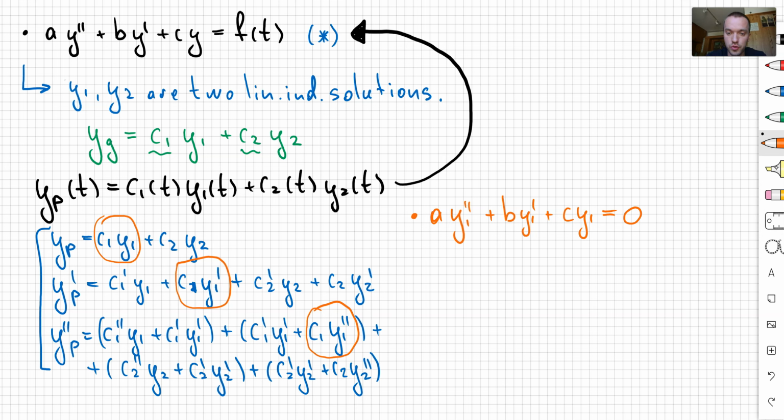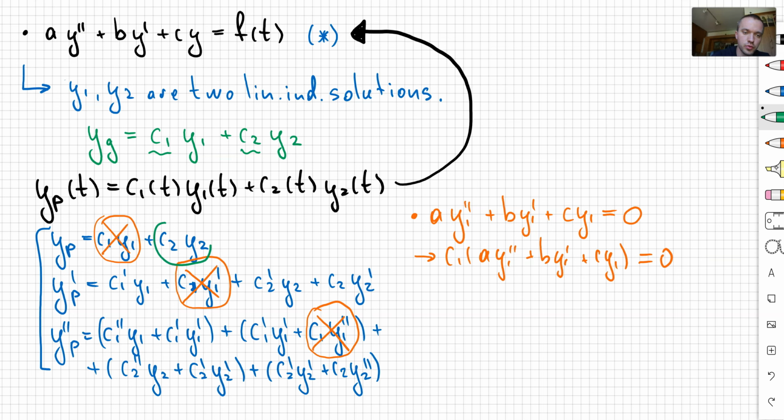So you obtain c1 times a y1 double prime plus b y1 prime plus c y1, which is exactly equal to 0. In other words, we can ignore these terms. If we do the same for y2, we can ignore c2 y2, c2 y2 prime and c2 y2 double prime. And right now we have removed six terms.